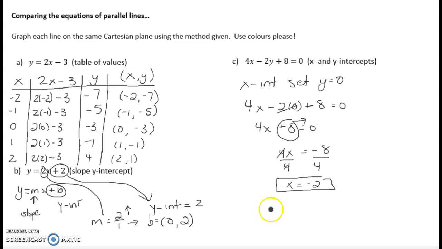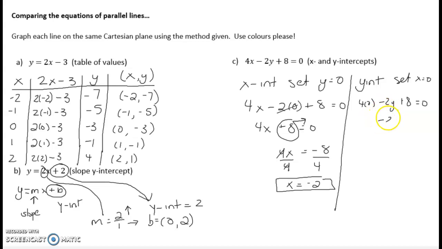Okay, now let's do our y-intercept. So for y-intercept, we set x equal to 0. So it's going to be 4 times 0 minus 2y plus 8 equals 0. So we're left with 2y equals, I'm going to move this over just to skip some steps right now, negative 8.